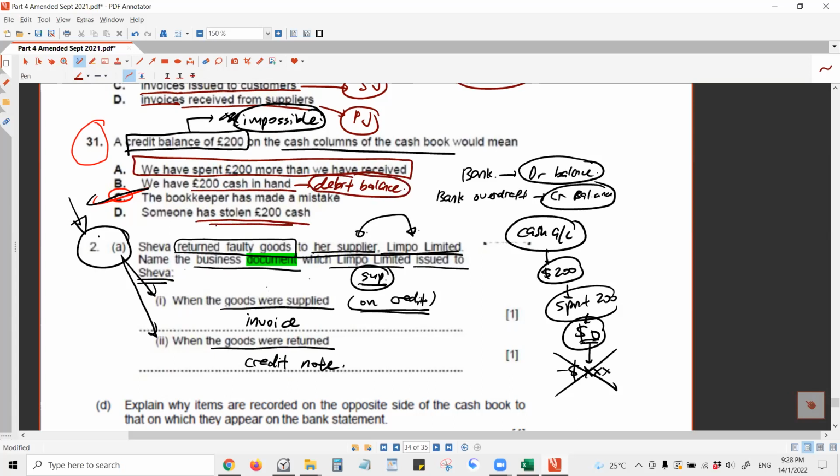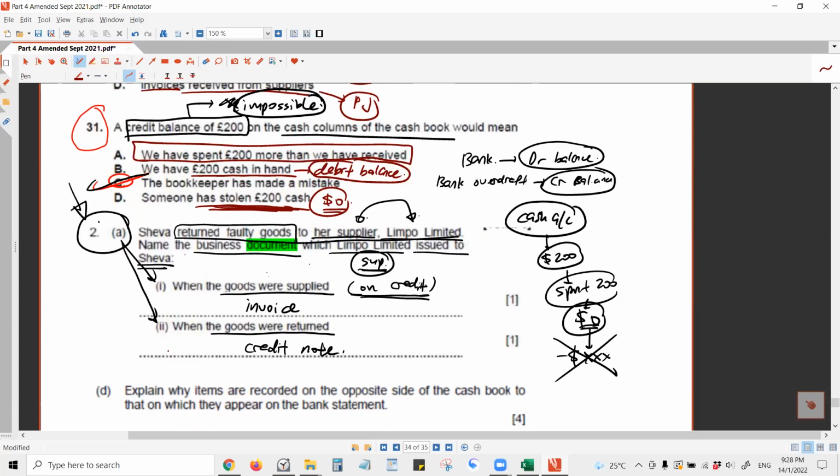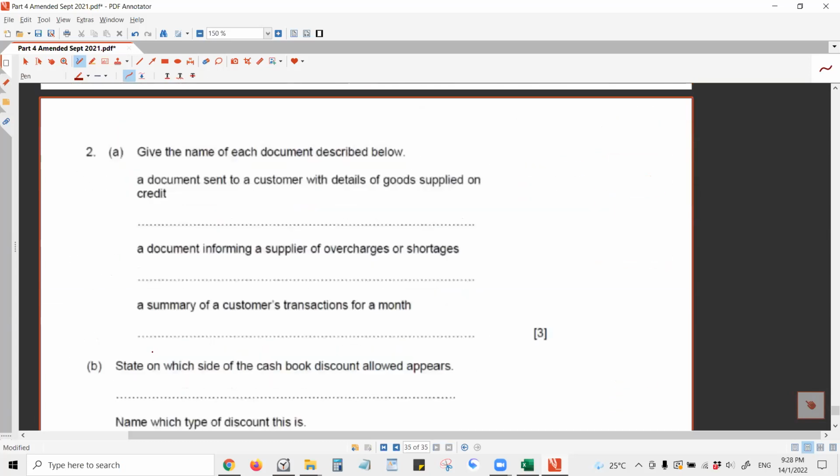No. If someone has stolen $200 cash, and you originally have 200, that means you should have $0. When you don't have money, can people steal money from you? No. When you don't have cash, people cannot steal money from you, right? So answer is C. Okay, let's continue.